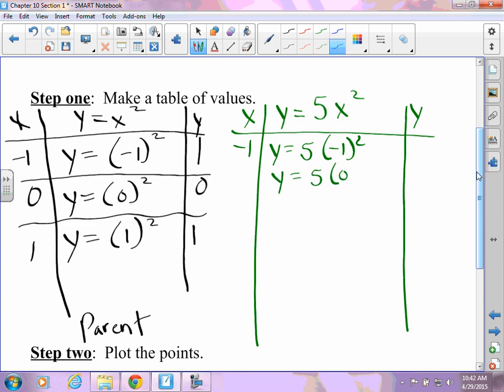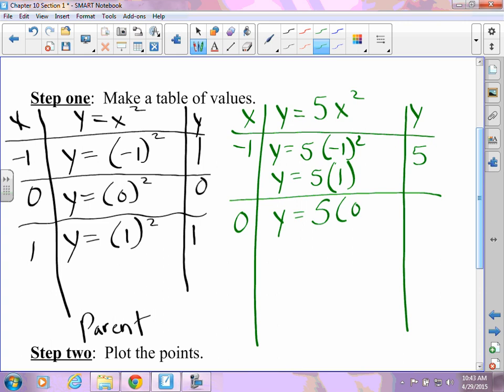Same with the 0. I know the answer ends up being 0. I get that, but I still want this step in there. Oops. That's right.